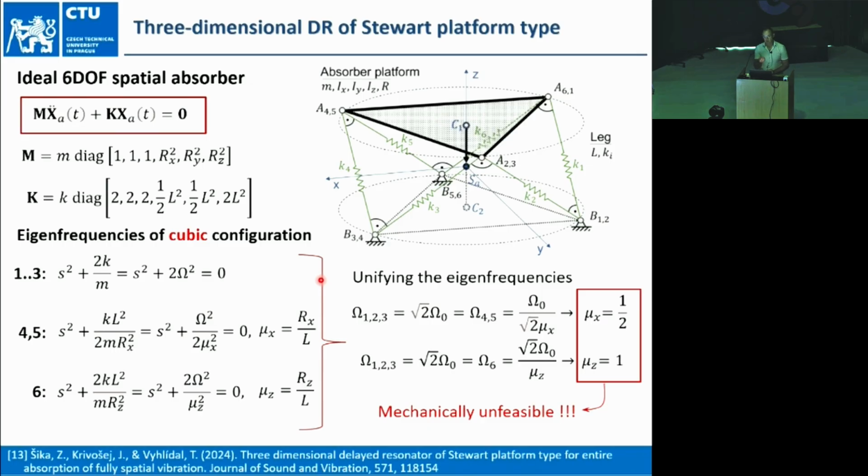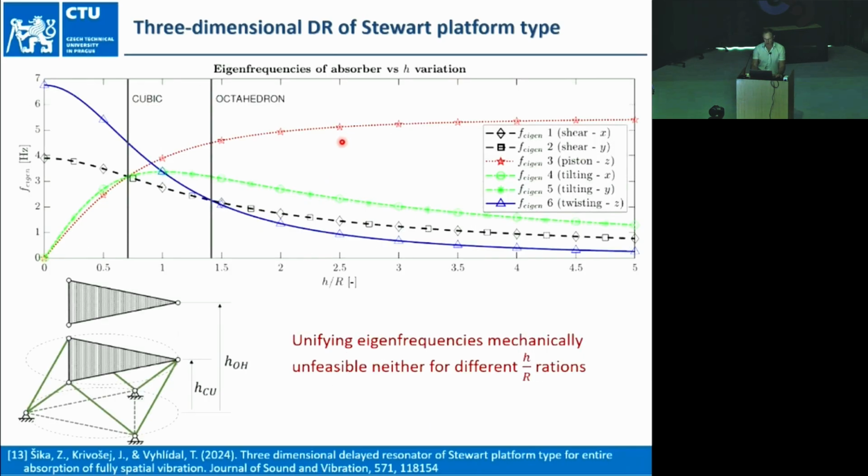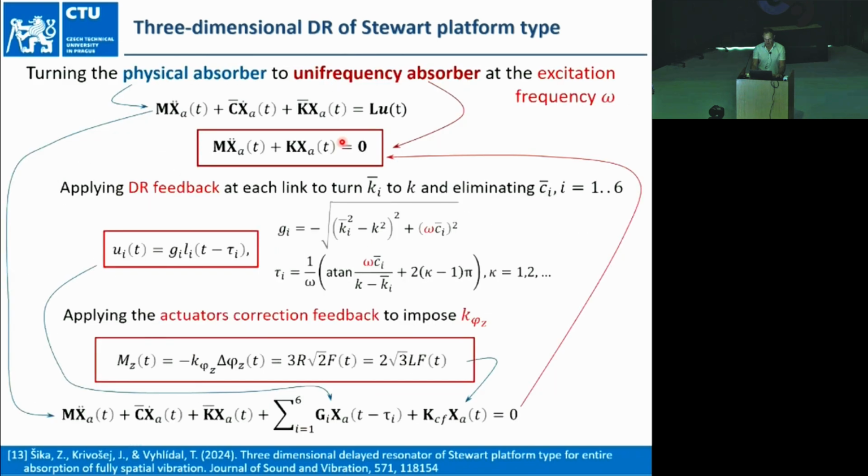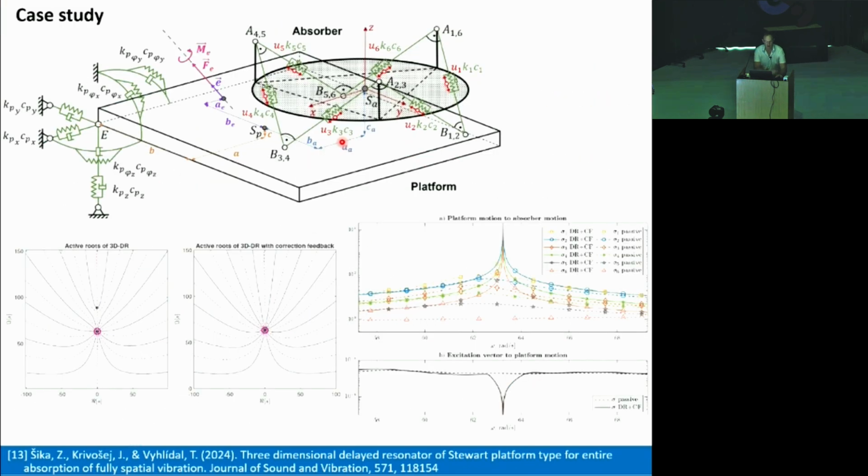So it's not possible to only turn it to an ideal absorber by modifying the link properties. We also need to have an additional controller. So maybe it's shown here.